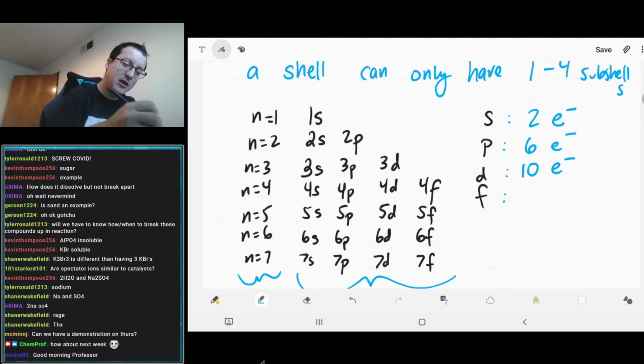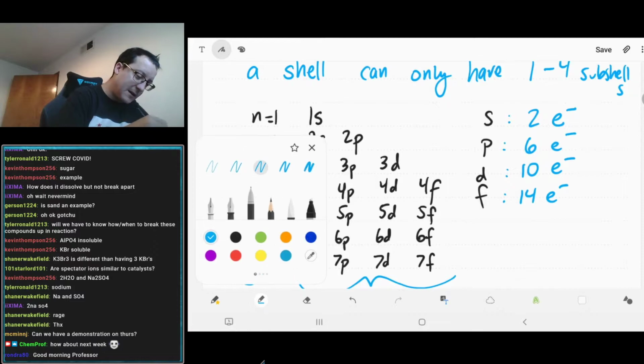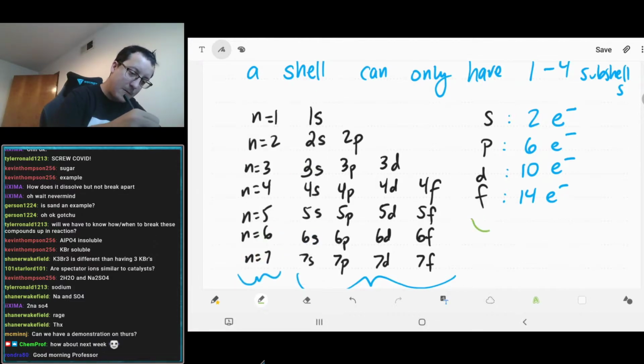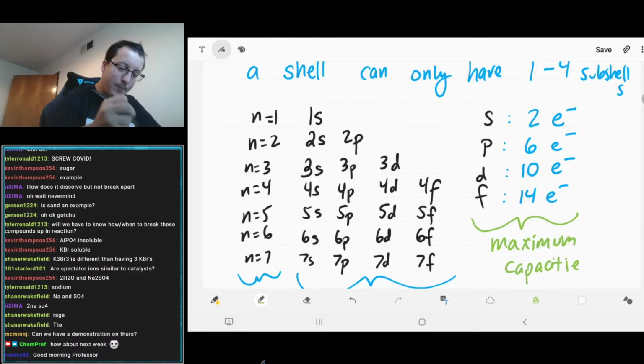A D subshell is 10, and then the F is 14. These are maximum capacities. So any particular S subshell can hold 2 electrons. Any P subshell can hold 6, and so on.